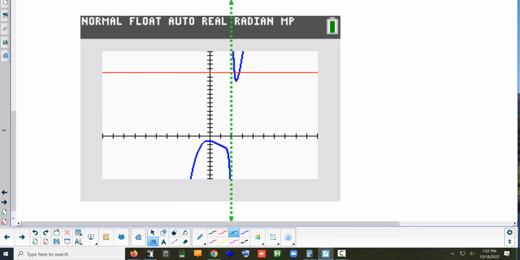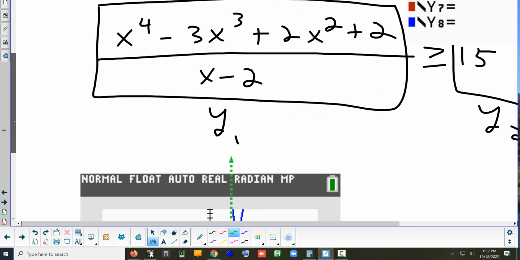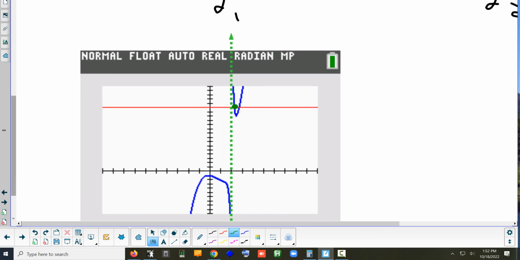Is it above or equal? Above or equal. So there's this piece, which keeps going up, and then there's this piece, which is just going to keep going up that way. First thing we want to do is find those two intersection points.